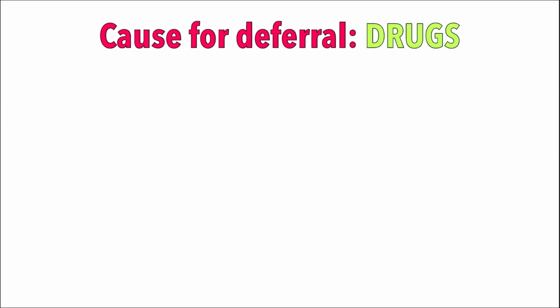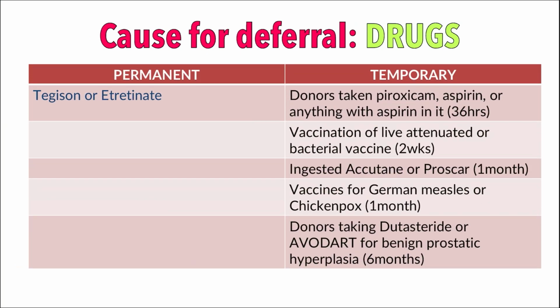Okay, let's go now to the causes of deferral because of drugs. For permanent deferral, we have here Tegison, the trade name for etretinate. This is a medication developed, I think, in 1986, if I'm not mistaken with the date, to treat severe psoriasis.